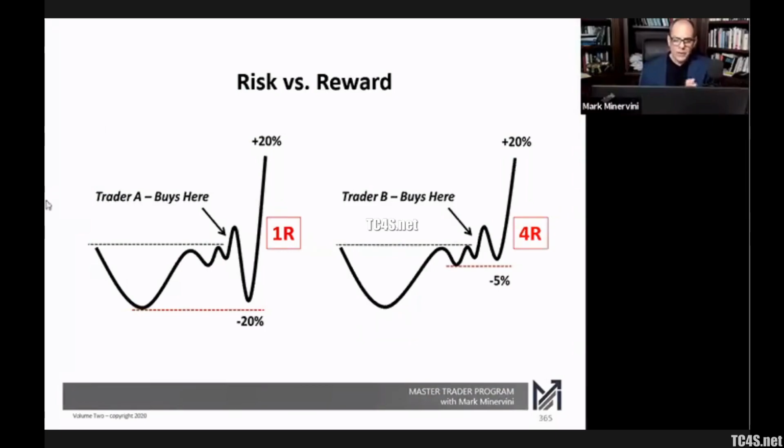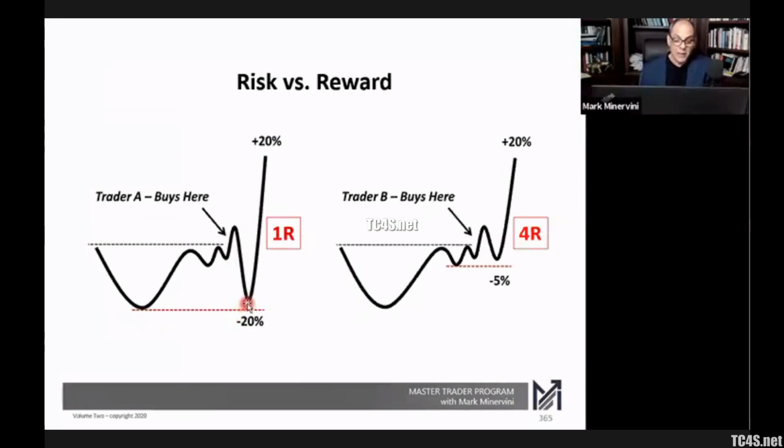So let's look at 2 separate traders, and both traders are buying the stock at the exact same point. The only difference is how much the stock is allowed to fluctuate and how much risk they're allowing. Trader A buys it as it breaks out, but the stock comes back in and goes down almost 20%, down to either your stop or you just don't have a stop.